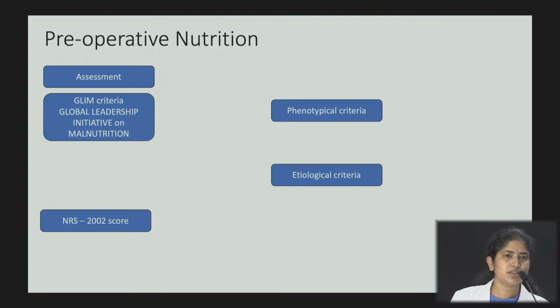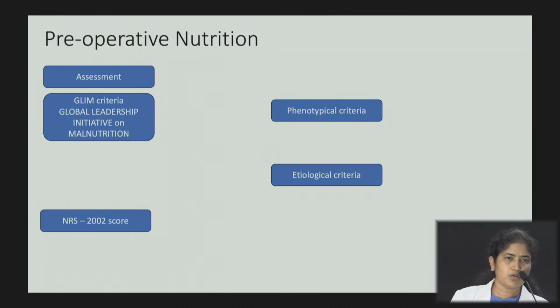The assessment includes the past medical history, which includes chronic infections and the chronic medications list that the patient has been on, and also the physical examination that includes height, weight, BMI, and other vital signs, any signs and symptoms of nutritional deficiency, and any prior surgical history. So assessment is nothing but trying to find the patients that are at risk and who would benefit from supplementation of nutrition before the surgery.